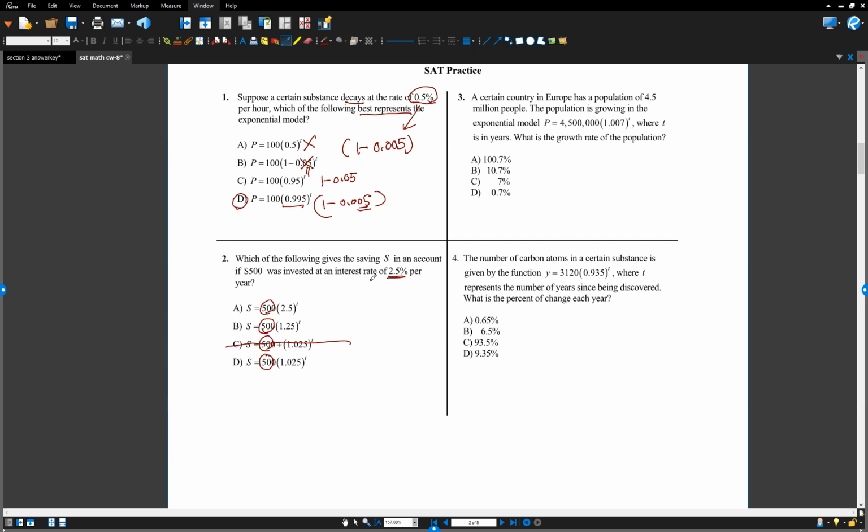This is an increase, so 1 plus 0.025, raised to t. It should be this form. Initially is over here. So which one do you care about? 2.5? No. 1.25? No. When you have 1.025, right? That's the answer.